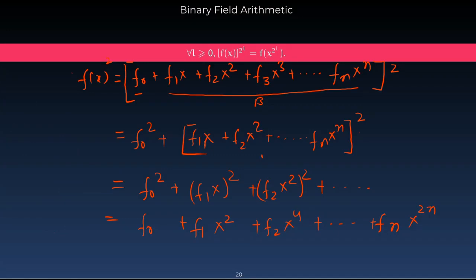So this is actually equal to f of x square. So we have proved that f of x whole square is equal to f of x square. This is a very important result in the binary field, and we use it very often.